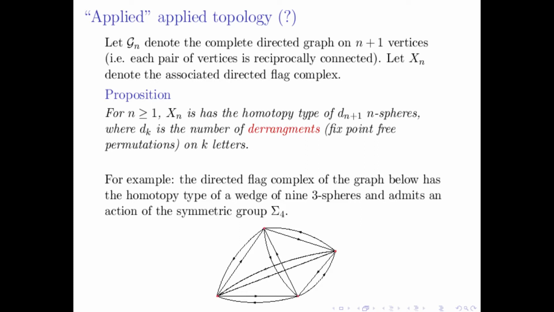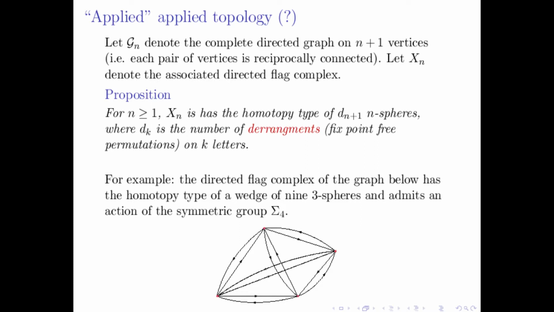Okay, so you take a graph, which is basically a complete directed graph. So any pair of vertices is connected reciprocally. All right. And so let's call Gn the one that has n plus 1 vertices made like this. Let Xn be the associated directed flag complex. And you can ask, well, what is that? What does it look like?